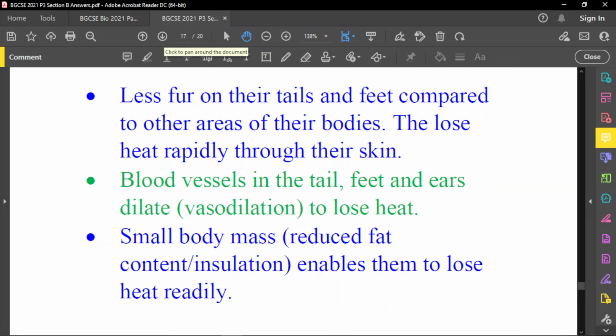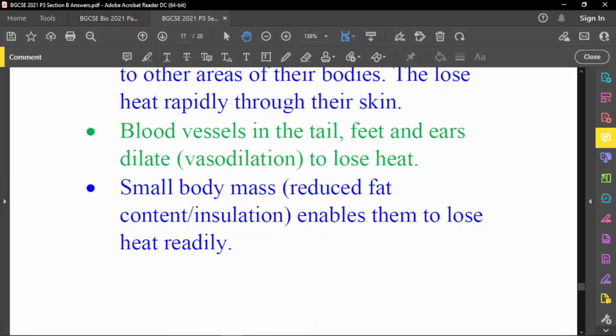In their tails, where it's less covered by fur, those areas will lose heat rapidly through their skin, of course, because there's no fur covering it. Fur insulates the skin and makes it warmer. So the tails and feet lose heat really rapidly.